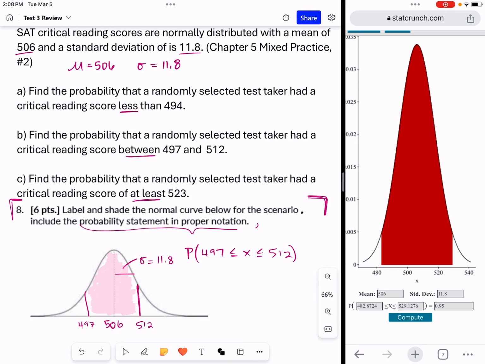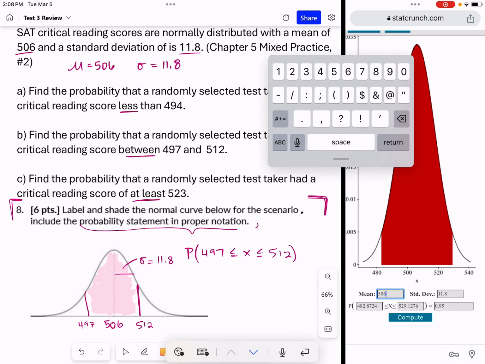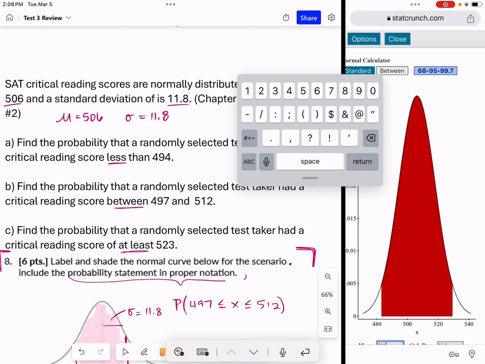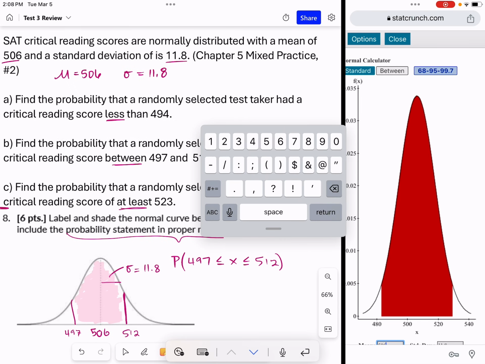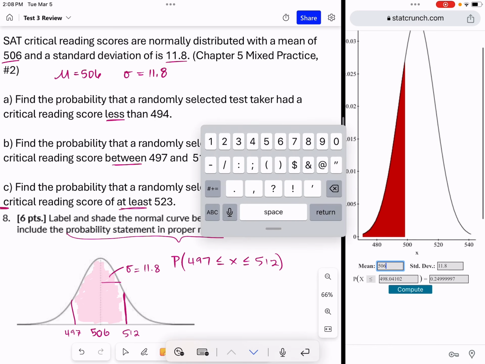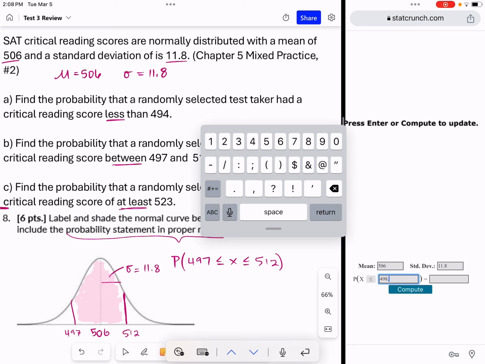So in this case, since I do already have my 506 and my 11.8, I actually didn't find the probability for A, so let's do that one first. I need to go back to the standard part of the calculator, and the mean is fine, I don't need to change that.